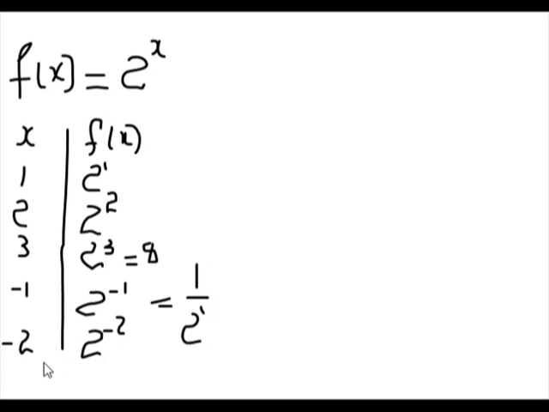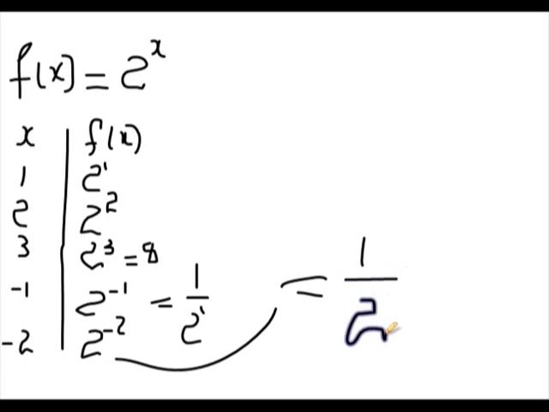The same also if I have -2. Follow me. For -2 it is going to be equal to 1 over 2 to the power of 2. This is going to give me 1 over 4. 1 over 4 is 0.25.